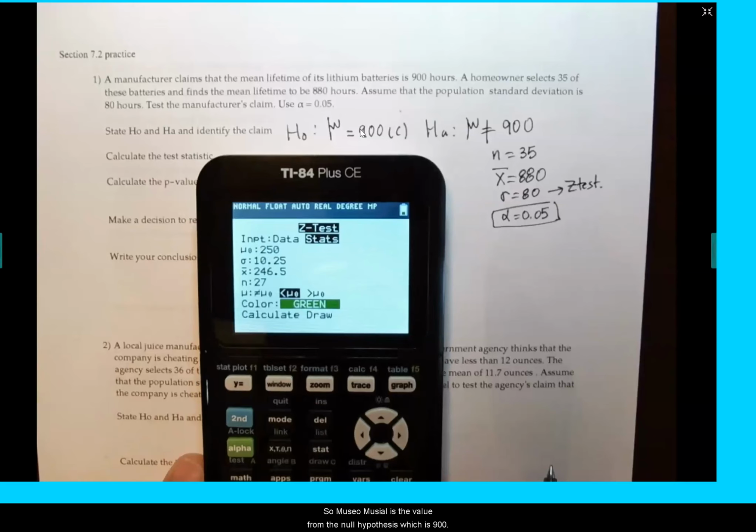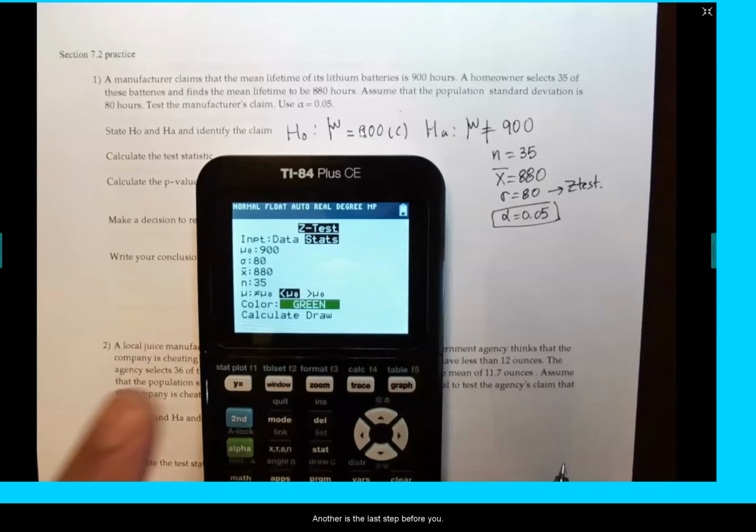So mu zero is the value from the null hypothesis, which is 900. Sigma, which is 80. X bar, which is 880. N is 35. And now, guys, the last step before you hit calculate, what sign do you have in the alternative hypothesis, which is not equal to?